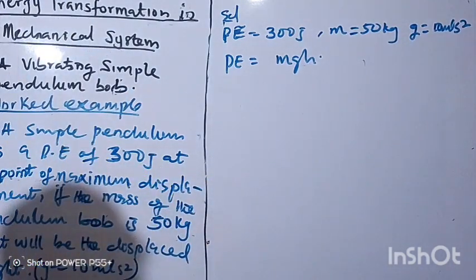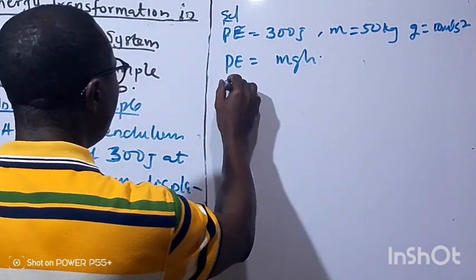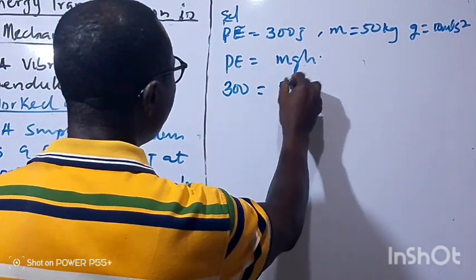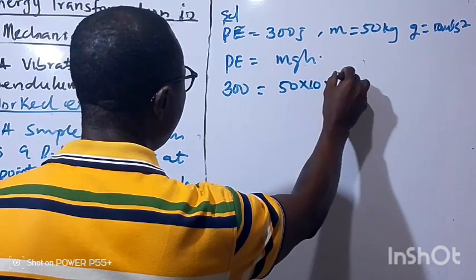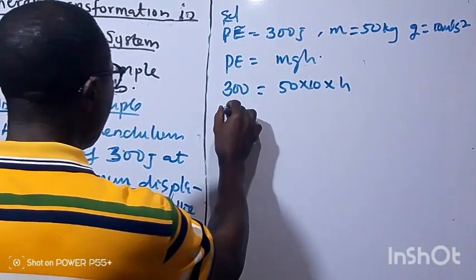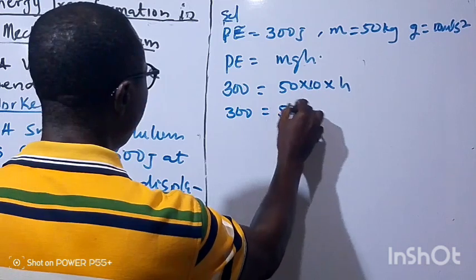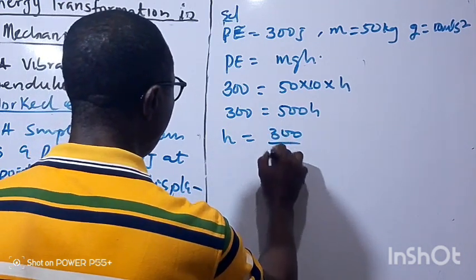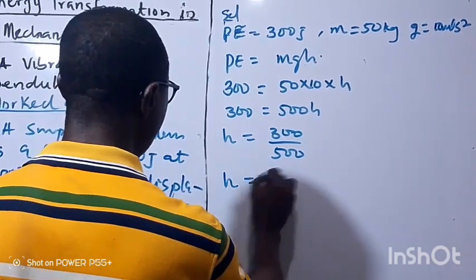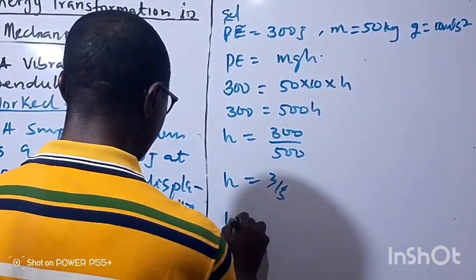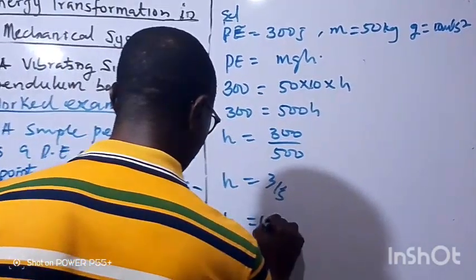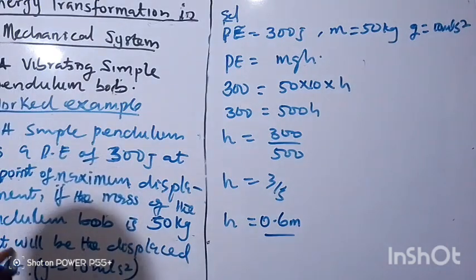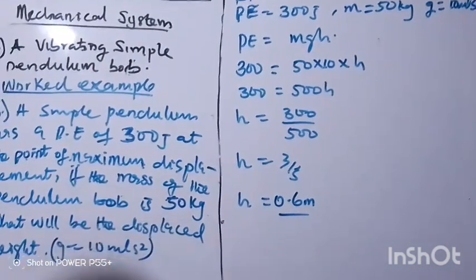So that one will now give us 300 is equal to 50 multiplied by 10 multiplied by H. So this one will now give us 300, which is equal to 500 H. H now will be equal to 300 over 500. So H now is equal to 3 over 5. And 3 over 5 will give us 0.6. Then the height will be 0.6 meter. That is the displaced height will be equal to 0.6 meter.